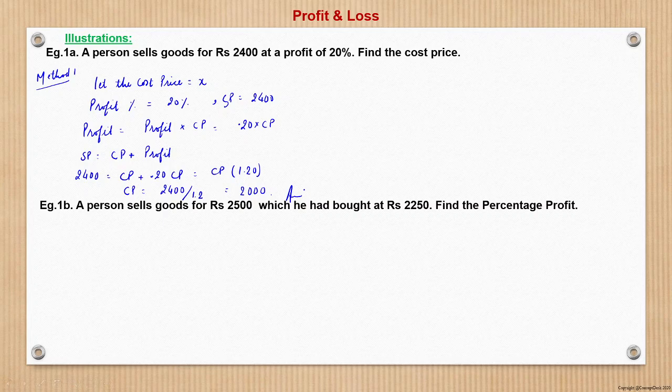This is a very conventional and generic basic level approach. We know profit is calculated as a percentage of CP. So therefore we will use profit percent into CP to give the profit amount, right?